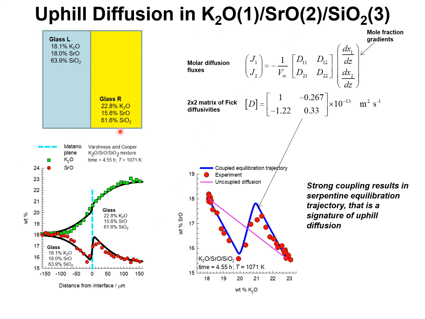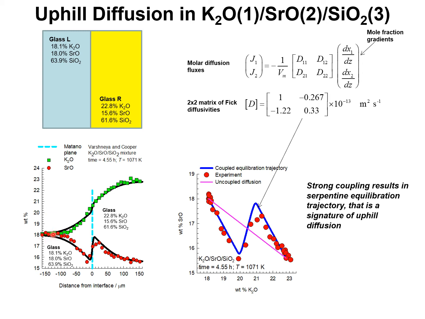Two slabs of two different compositions are placed in contact with each other, raised to a temperature of 1071 Kelvin, and held at that temperature for 4.55 hours. At the end of that time period, the system is quenched and the compositions in either compartment are determined.